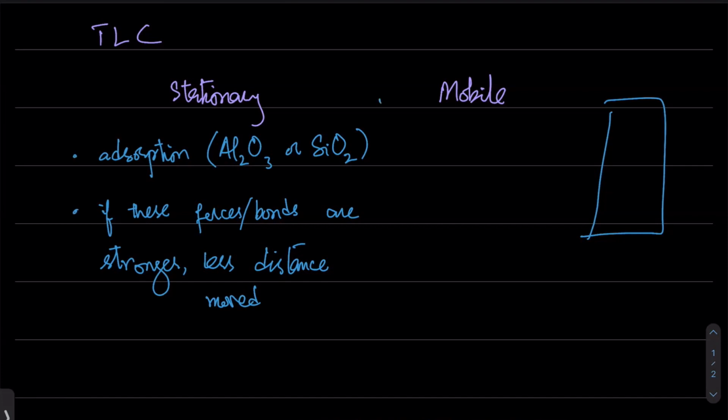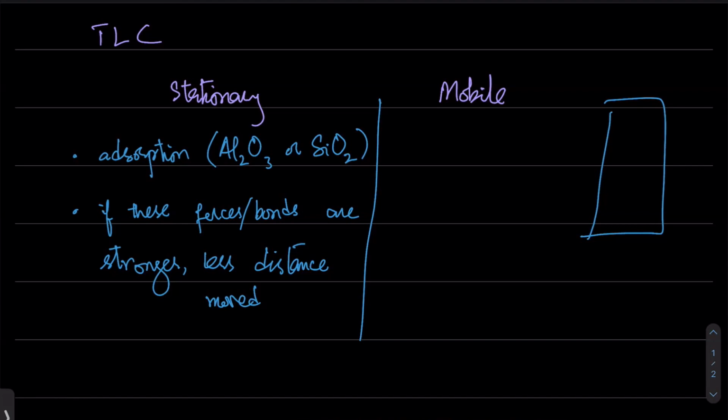Second, the mobile phase, as the name suggests, flows. It dissolves the substance and forms hydrogen bonds with it, or it forms permanent dipole or temporary dipole interactions. Some dipole is formed with whatever substance we are running chromatography on, and it makes it move upwards.